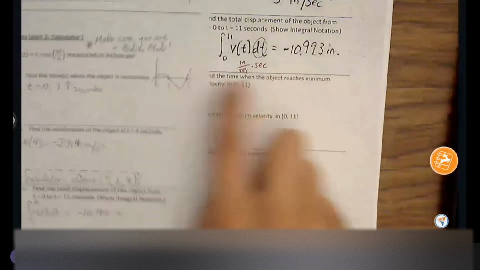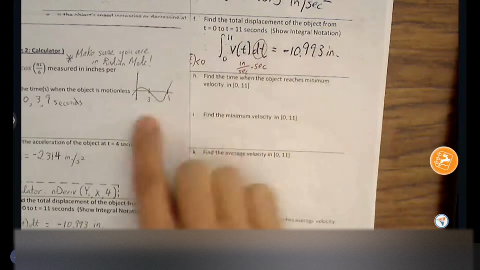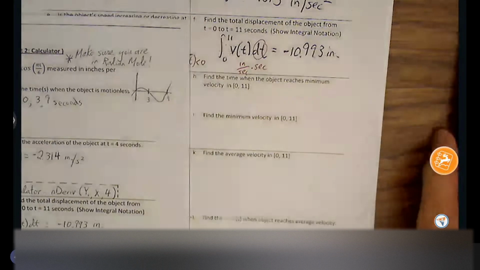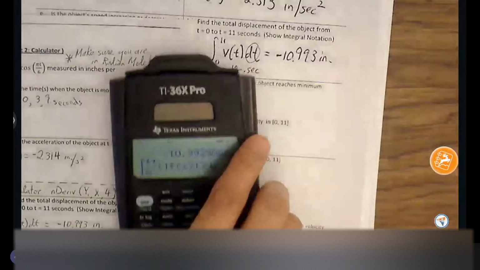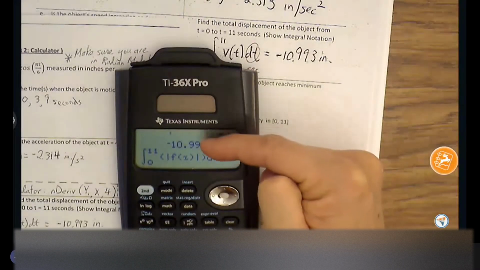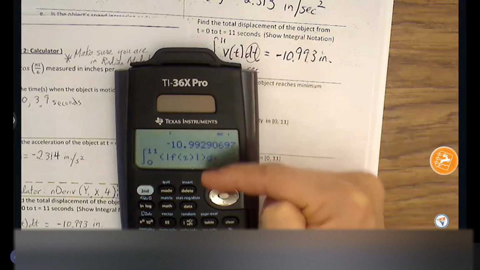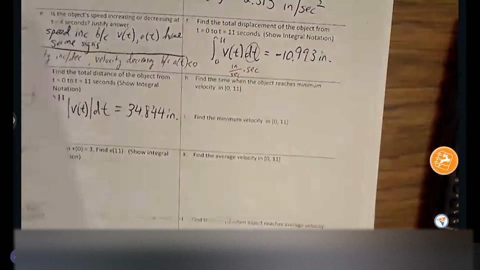This is not on the test, but anytime you're looking for minimum velocity, you're literally looking for the lowest point, the valley of your velocity graph. On the 36 Pro, you look to see when your y value decreases to the point that it reaches its lowest point and then starts increasing. That's when you know you've reached your minimum. But for now, we'll skip this here.